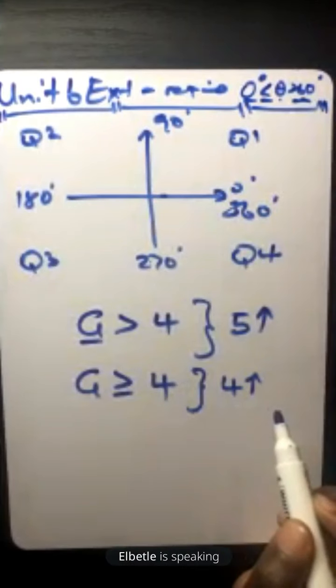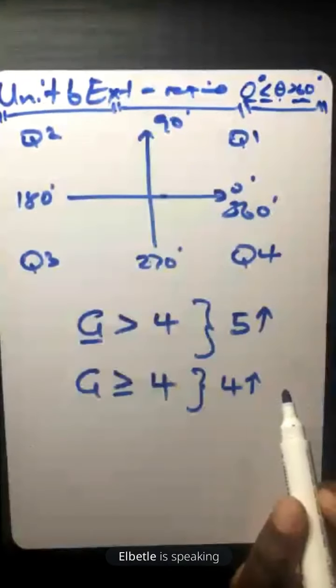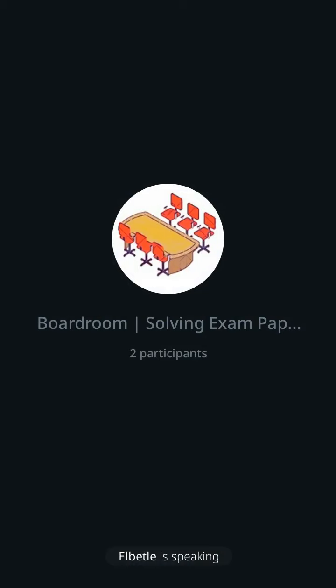Wait, can you hear me now? Yes, I can hear you now. I was saying that you said G is greater than 4, and I'm asking, does that sign represent greater, or does it not represent less? Oh, this sign. You're asking if it doesn't. Okay, so this is how I crammed it, LB.